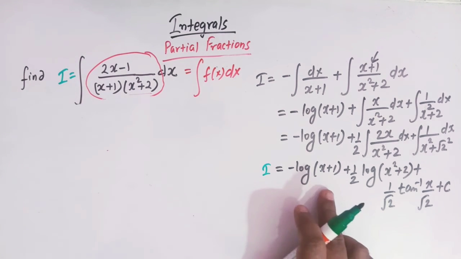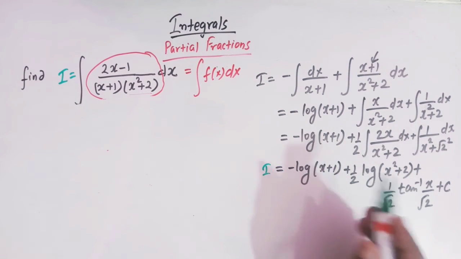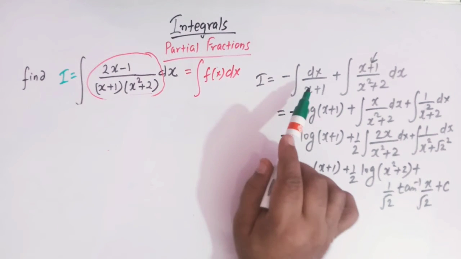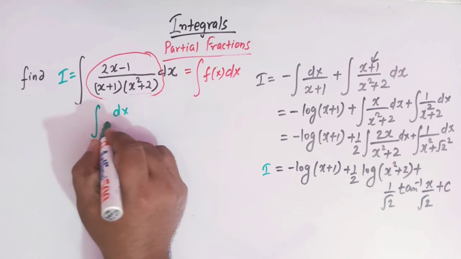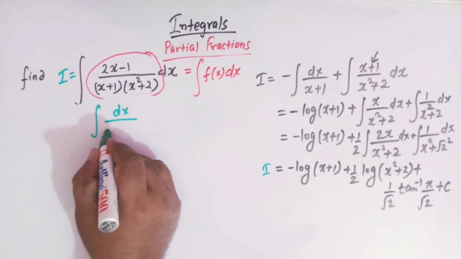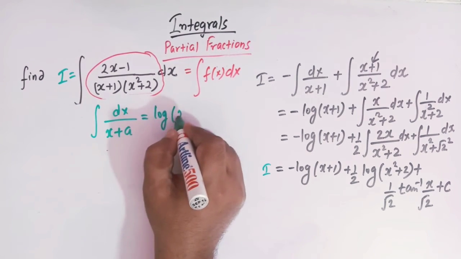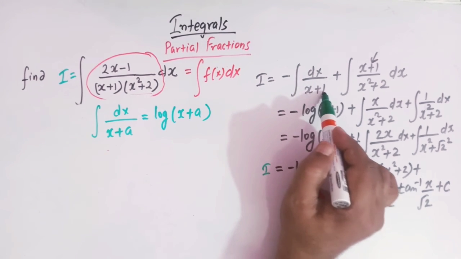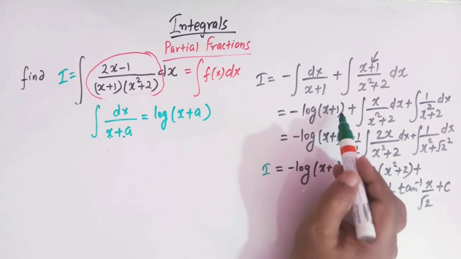right? So now let us quickly see the formulas or the results which we have used in these three integrals, right? So here we have used the result, that is integral of 1 over x plus a is log of x plus a, right? Okay, so here we have 1 over x plus 1, this is x plus a, so the integral is log of x plus 1.